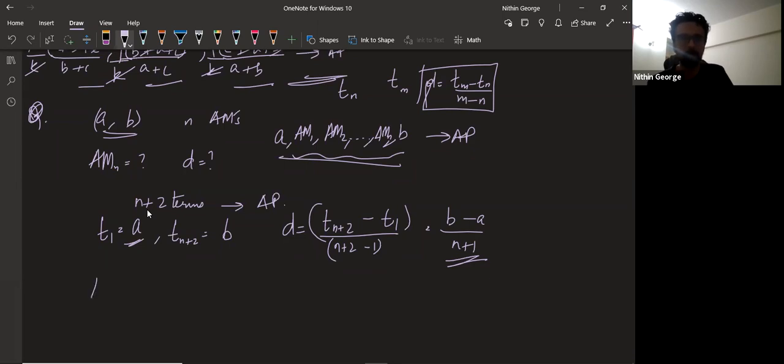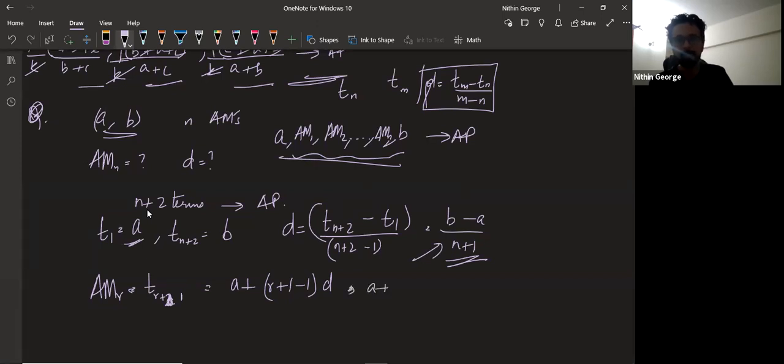Like, so AMR will be T R plus 1, right? Because n plus 2th term is B. Now, AMR is TR plus 1, which is A plus n minus 1 will become R plus 1 minus 1 into D. D is B minus A by n plus 1.